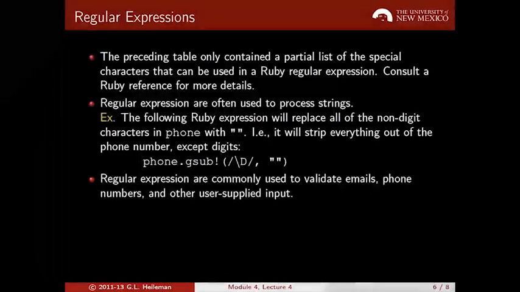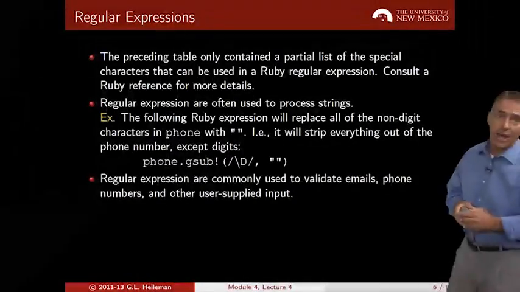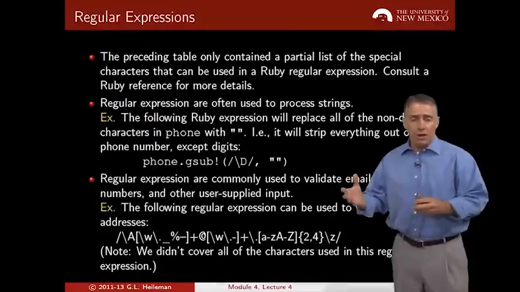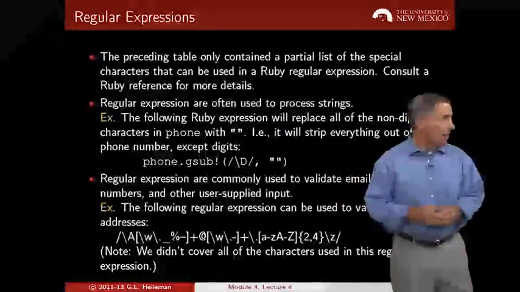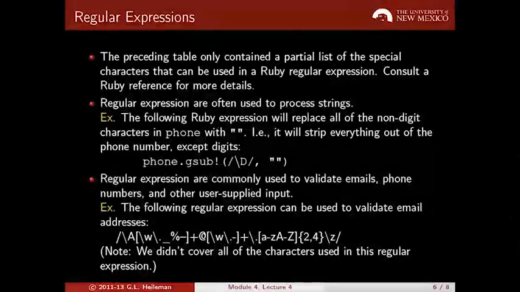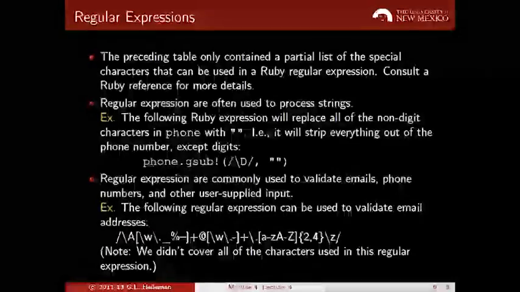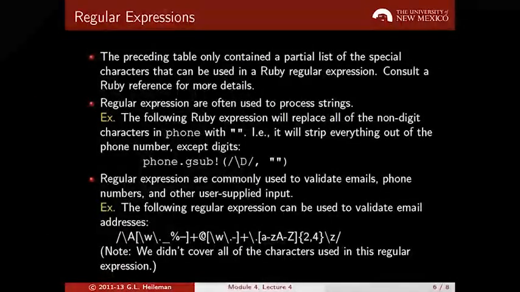So, as I've just shown you, regular expressions are commonly used to evaluate emails, phone numbers, and other user-supplied input on a form in a Rails application. Here's a more extensive example, and this regular expression can be used to validate email addresses. You'll see that there's a / and then a bunch of symbols, many of which appeared on the previous table, some didn't.